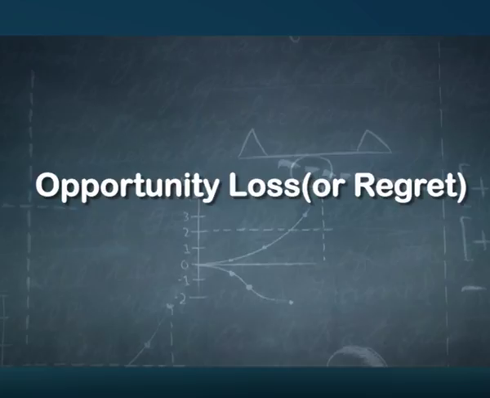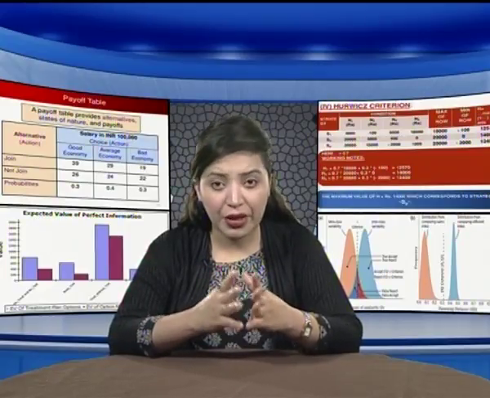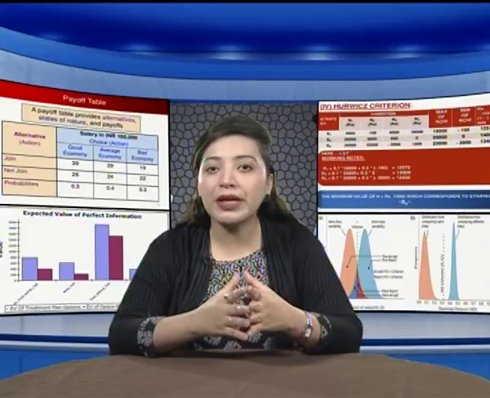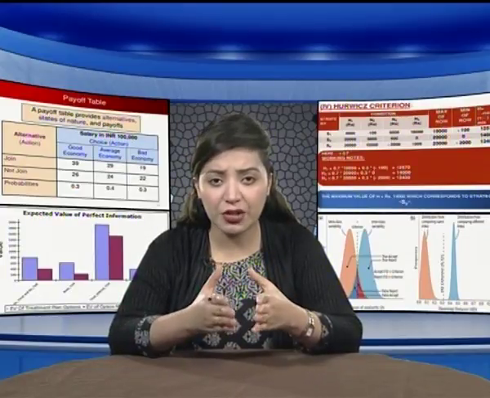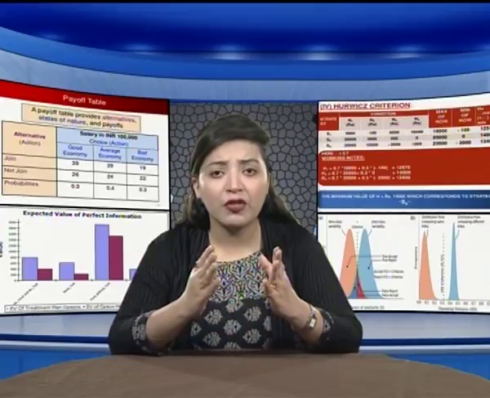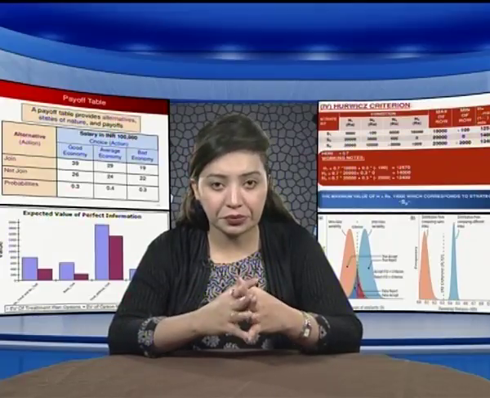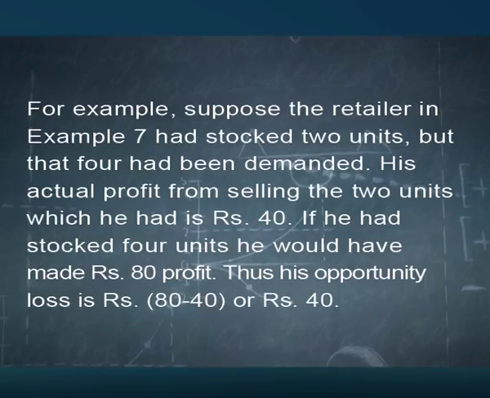Opportunity loss or regret. The opportunity loss is defined as the difference between the payoff a decision maker received for a chosen action and the maximum that the decision maker could have received for choosing the action yielding the highest payoff for the state of nature that occurred. For example, suppose the retailer in example number 7 had stocked 2 units, but that 4 had been demanded.